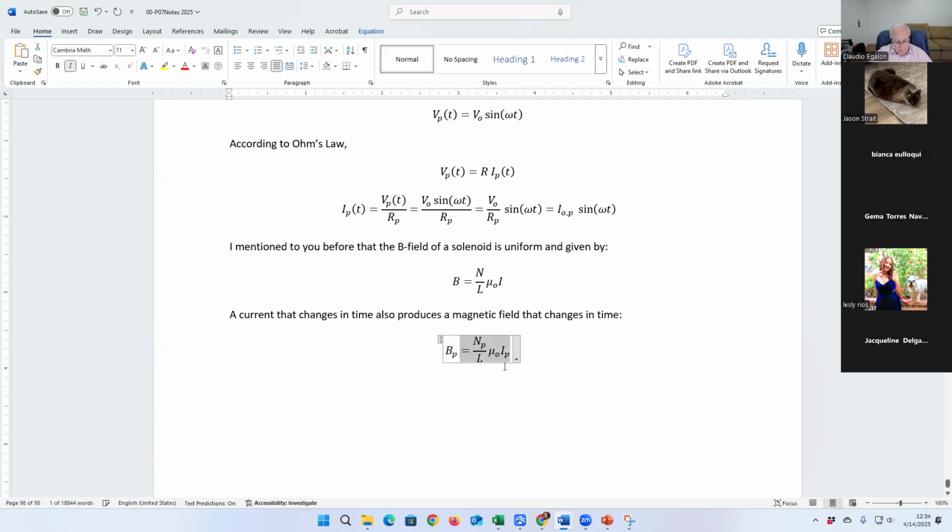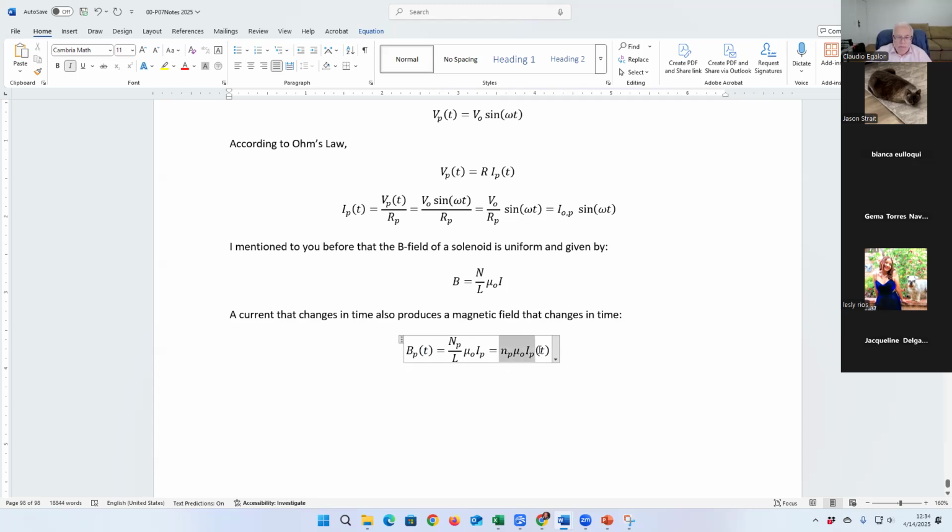Instead of N sub P, I'm going to denote it by lowercase n sub P. And let's not forget that this current of the primary coil is a function of time. Consequently, the magnetic field is also going to be a function of time.